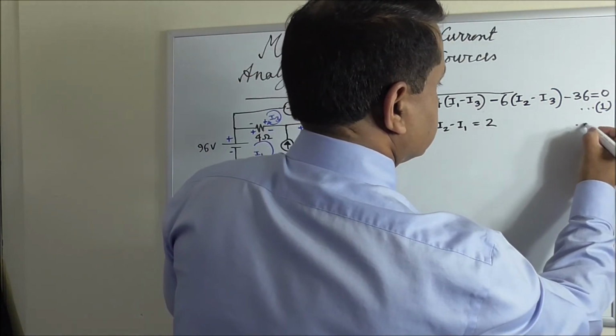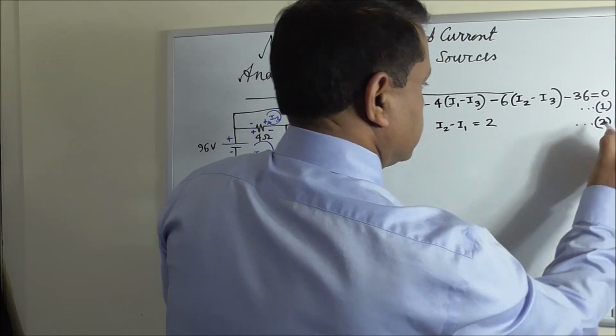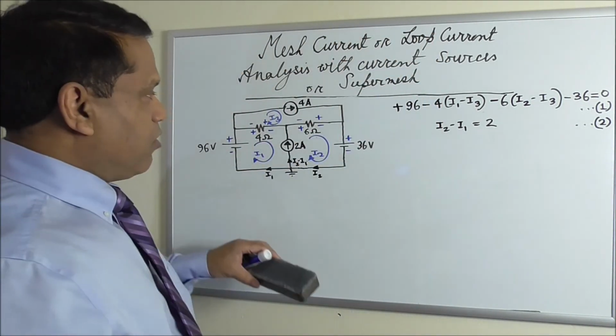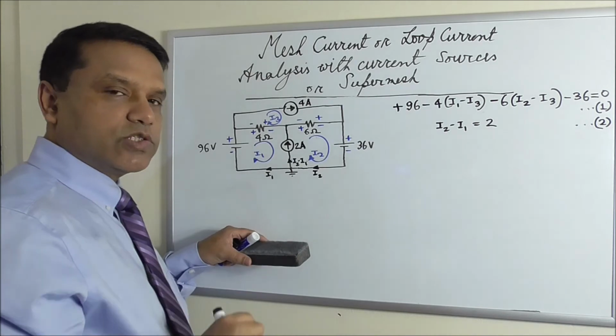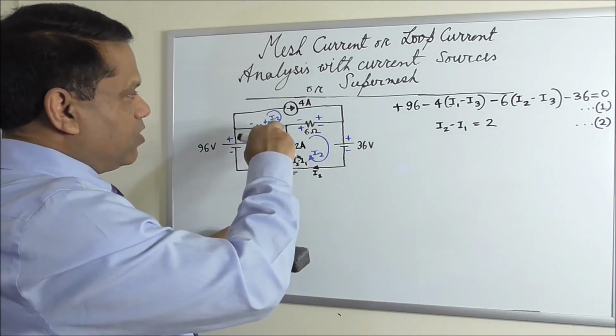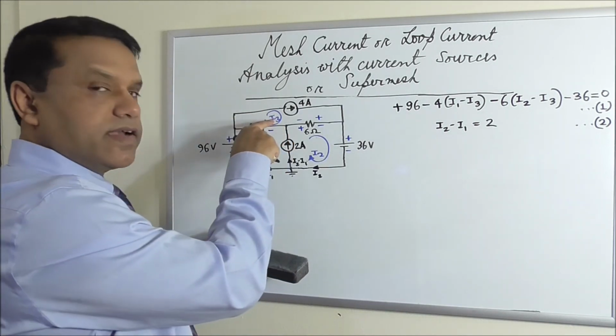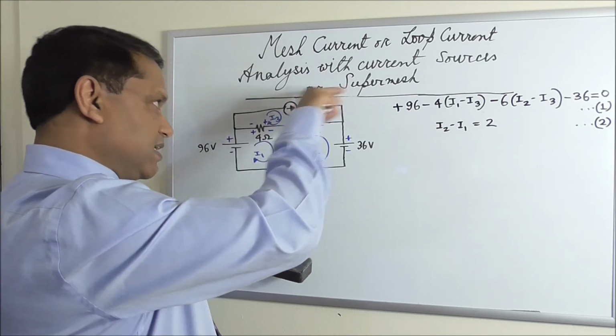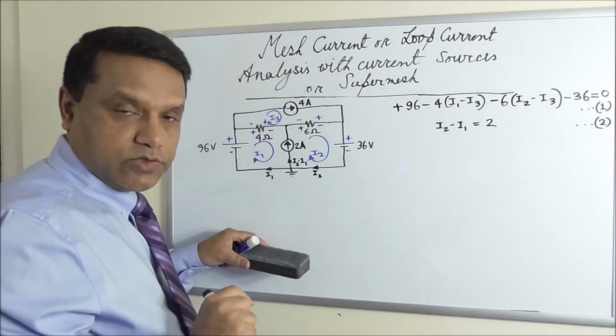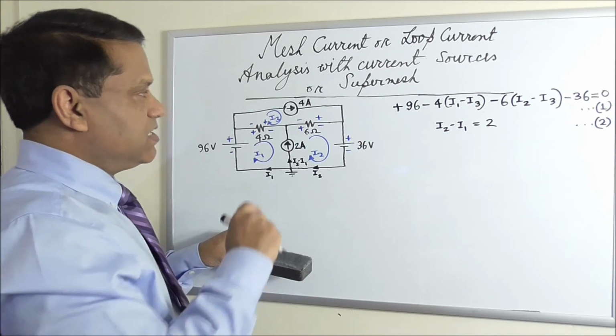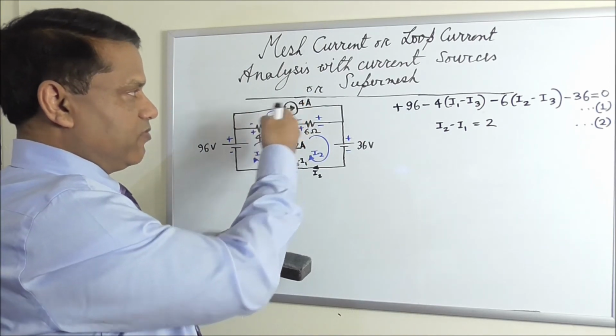So that's our second equation. Now for this current source we will get another equation. What is the branch current in this branch? If we look at I3, I3 is actually flowing the same direction as the current source's direction is. So definitely I3 will be 4 ampere.